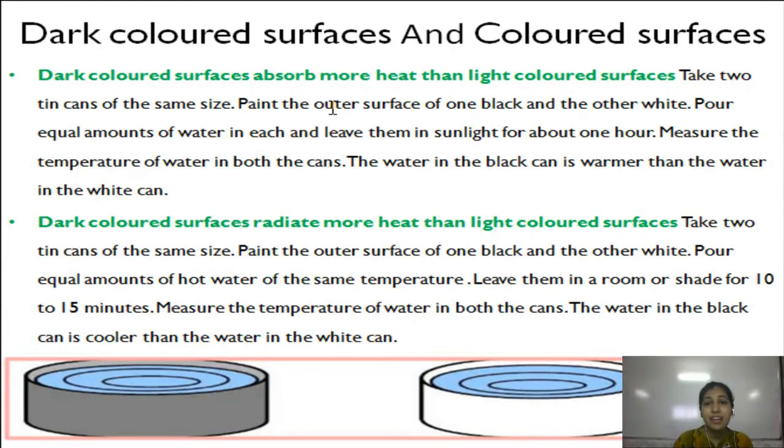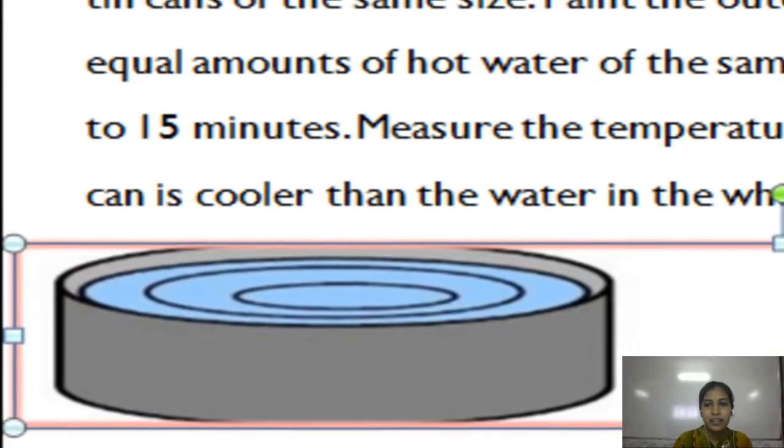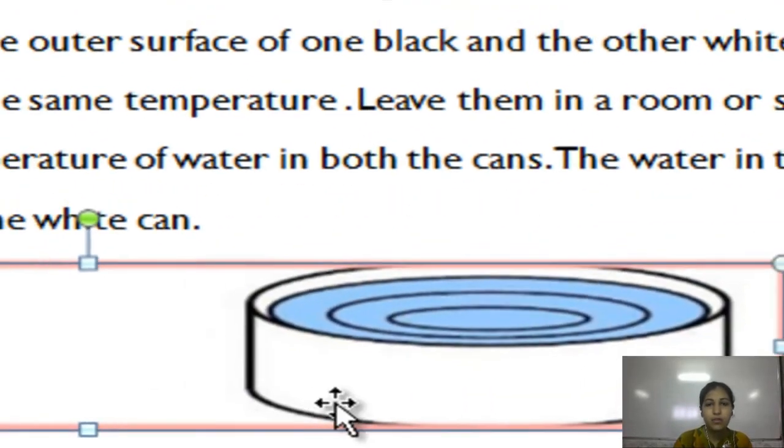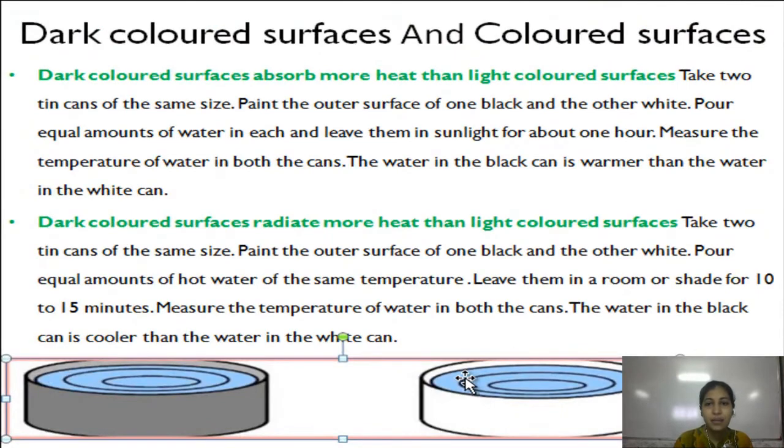Dark colored surface and light colored surface. Dark colored surfaces absorb more heat than light colored surfaces. You have to take 2 tin cans of the same size. Paint the outer surface of one black and the other white. Pour equal amounts of water in each and leave them in sunlight for about an hour.